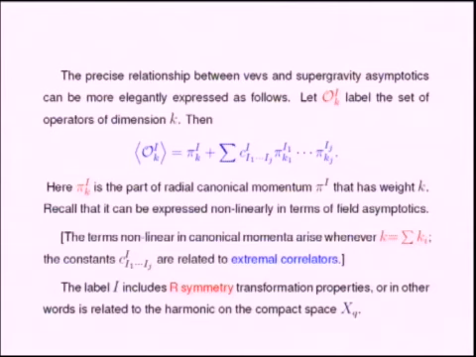Now, in particular, this degeneracy label includes the R-symmetry transformation properties, or in other words, the harmonic on the compact space X_Q. So we're not limited anymore to just the lowest dimension operators. We can really access all of the things dual to all of the Kaluza-Klein modes. That's, in a sense, the progress that we made in this paper.